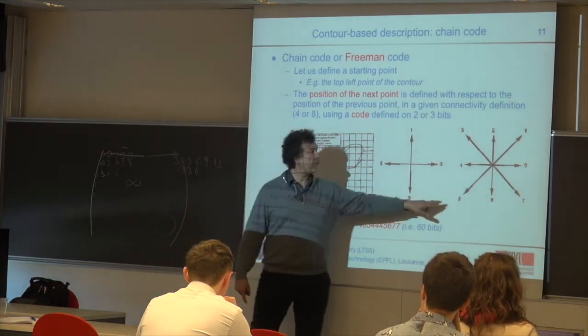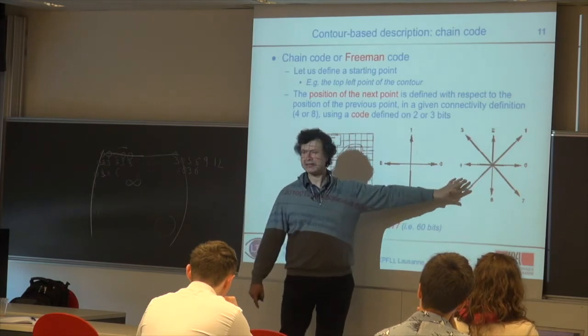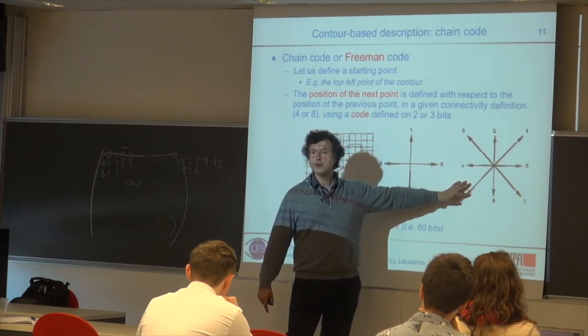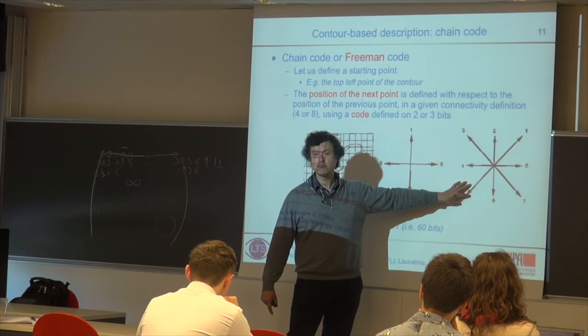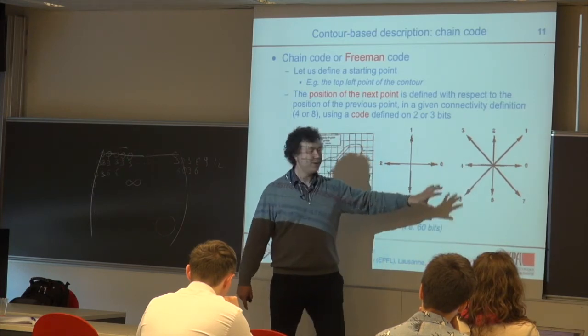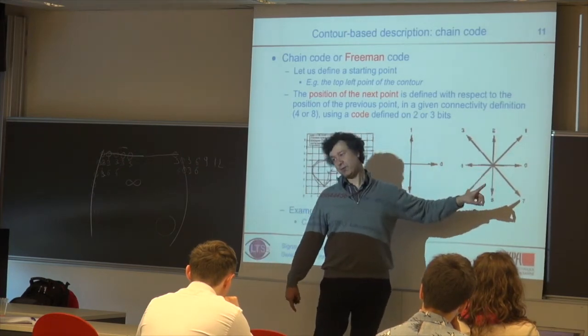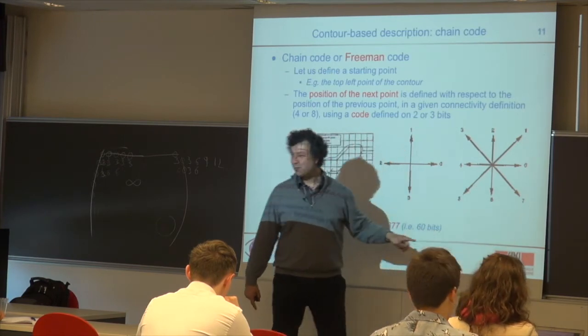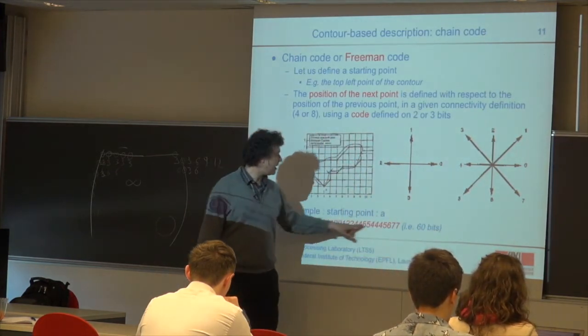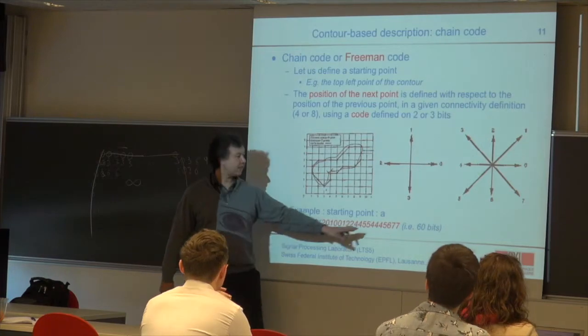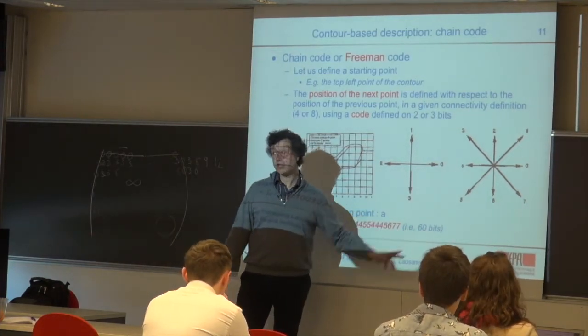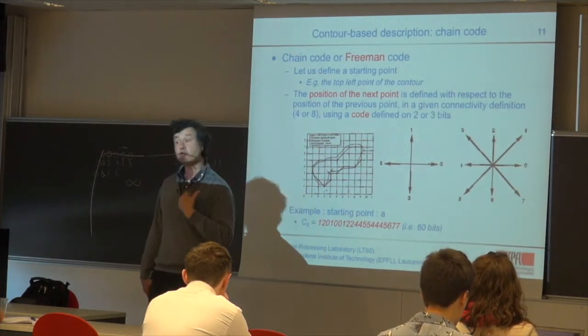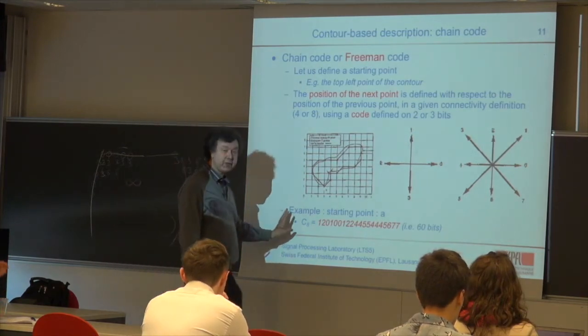Because if each of them, you decide to code them on how many bits? 3. 3, thanks. With 3 bits, you code 8 values, right? Hopefully. So with 3 bits and those many points, you basically get a coding of your object with 60 bits. So first, it's a compact representation of an object. This is the first thing you can remember.